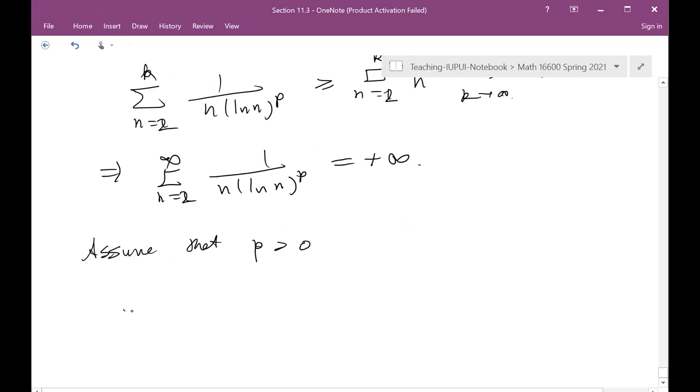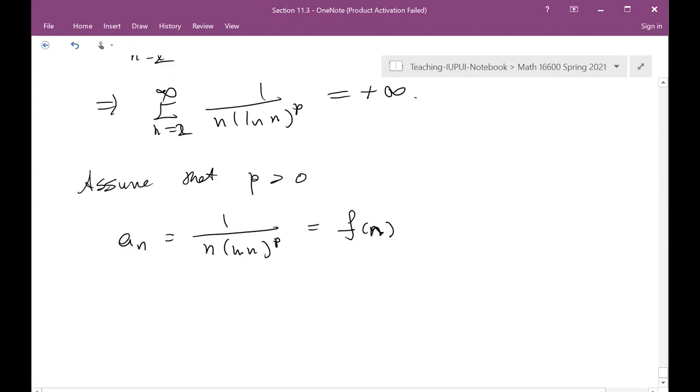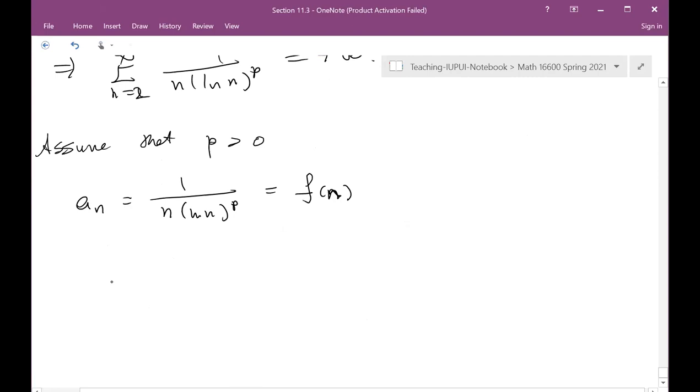So our n is going to be the value of the function at n. What is my function? My function here is f of x equals 1 over x times natural log of x to the power p.